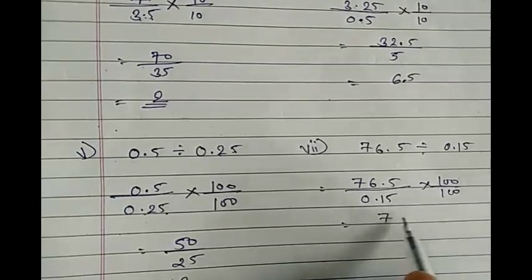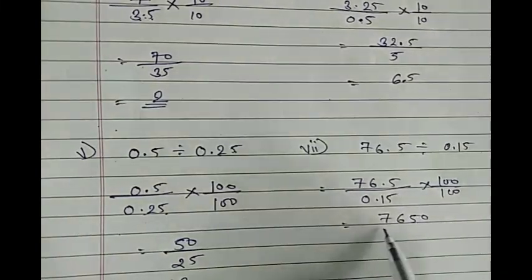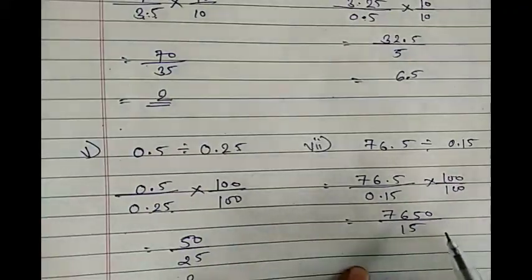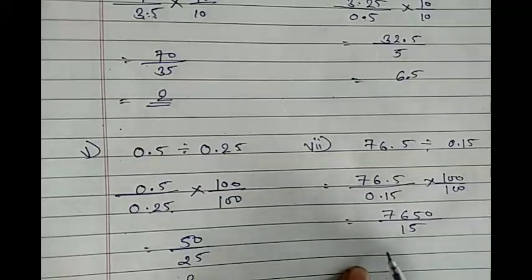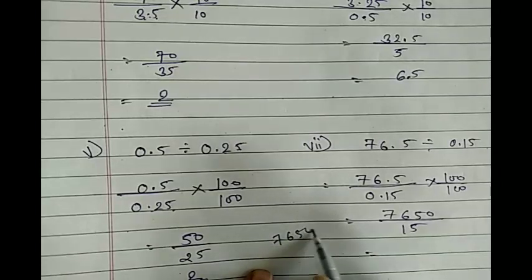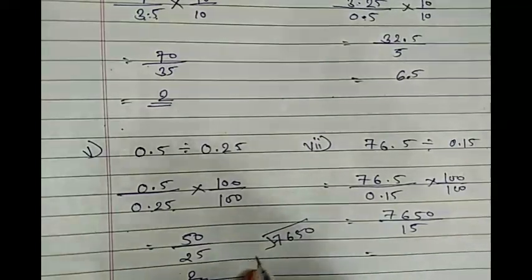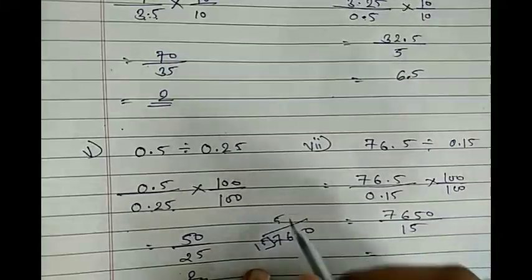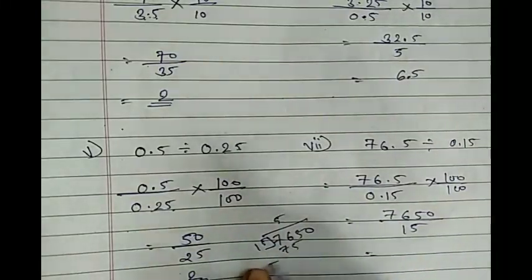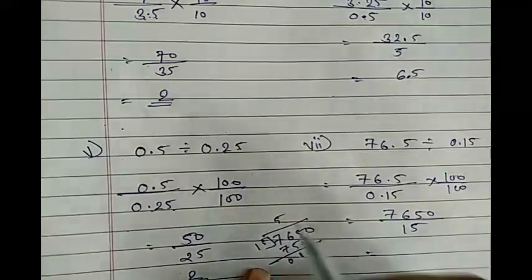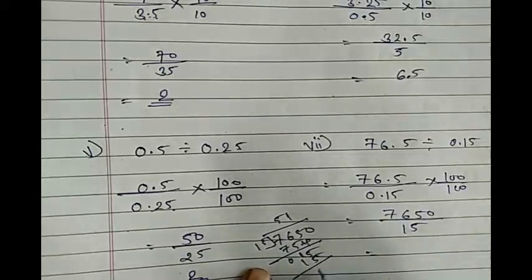We get here 7650 upon 15. Now divide 7650 by 15. 15 fives are 75, then 1, 0.